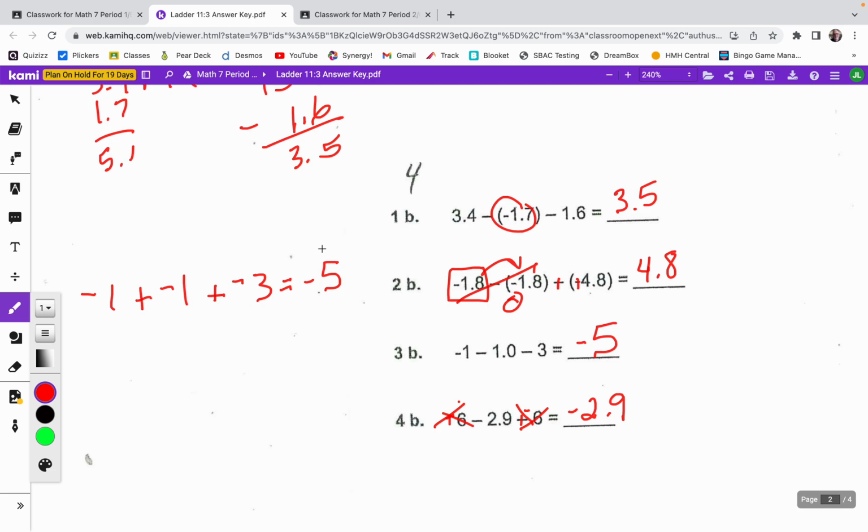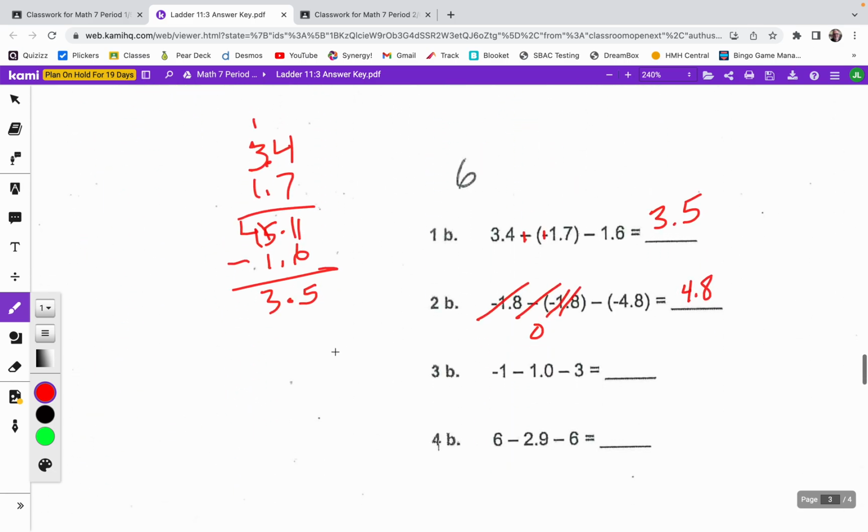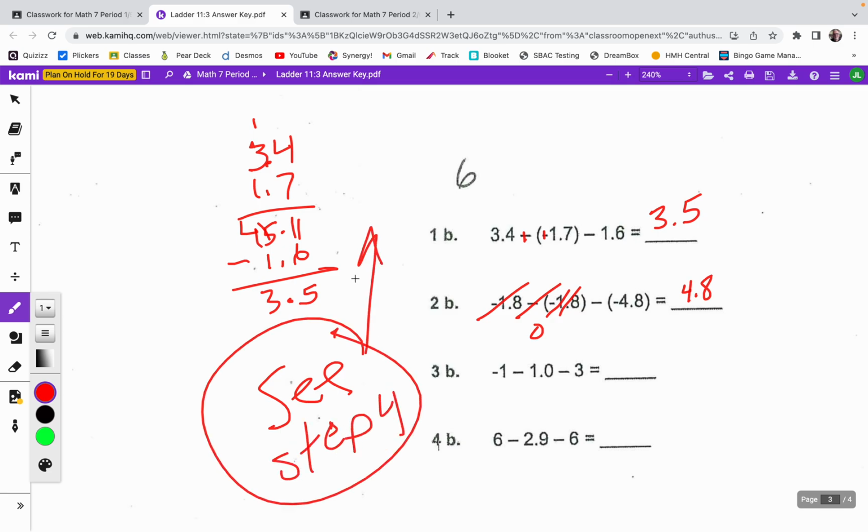But I'm just going to double check here. That'll save us a little time. Let's see, step. Yep. All right. So we've already done that. I'm going to say C step 4. Okay.